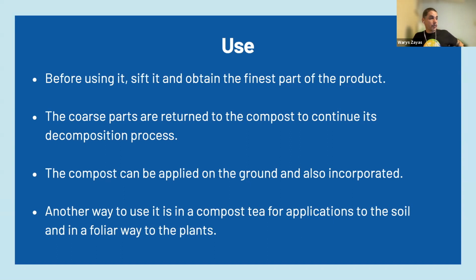Another way to use the compost is making a compost tea, and that tea you can apply to the soil as a drench, or also on the body of the plants. Compost tea is really easy to make. You just need water, and if you have a fish tank air pump, depending on the container you will use, you can use it on a small one.